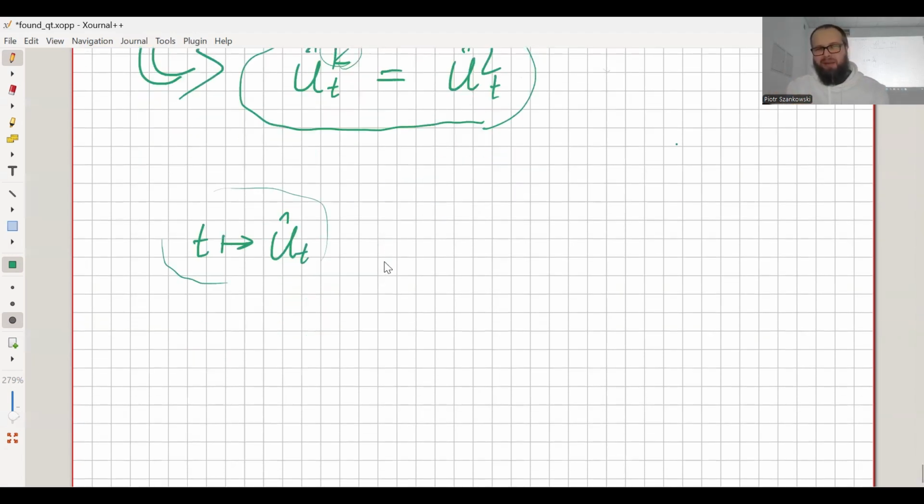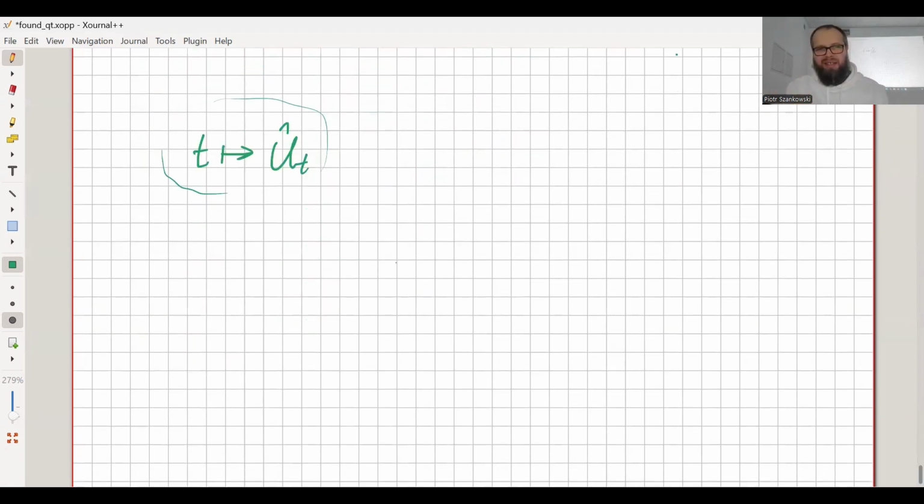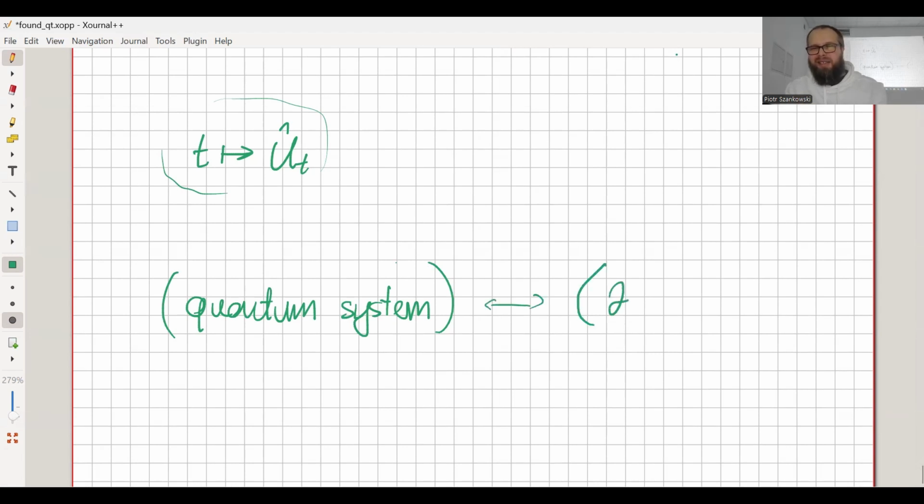So in other words, you can say that a quantum system is characterized by a pair: Hilbert space and this unitary operator valued function U_T. This is what defines a quantum system for us.